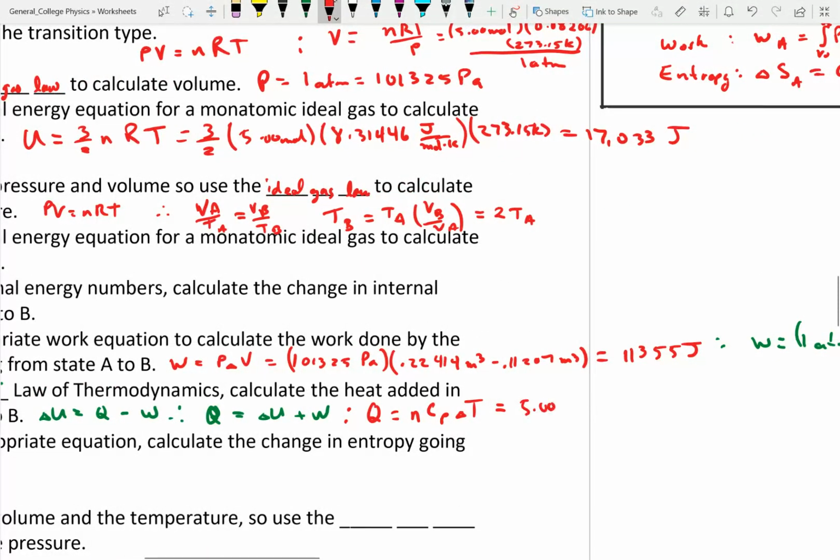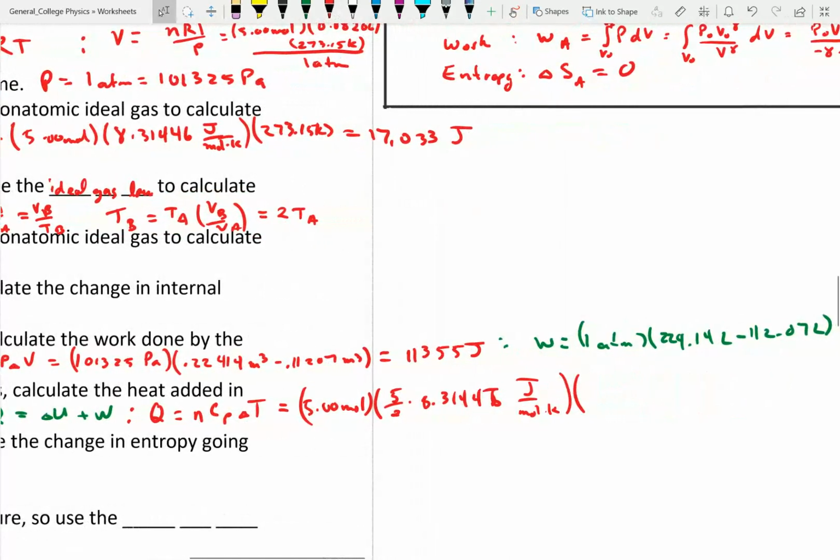Q equals 5.00 moles times C_P. C_P is going to be 5 halves of R, and I'm going to use the standard units for R, 8.31446 joules per mole Kelvin, and then times the change in temperature. The change in temperature was 273.15 kelvins. And that gives us a heat of 28,389.